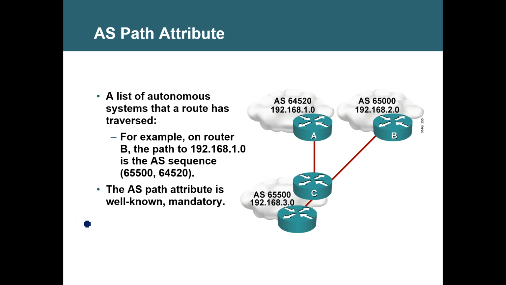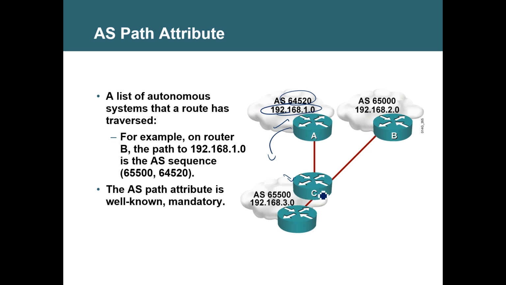As we know, when a router advertises a network, it advertises along with its autonomous system number. And the receiving router knows the next hop as well as the autonomous system of the next hop.